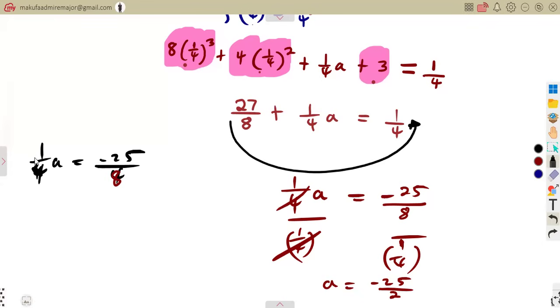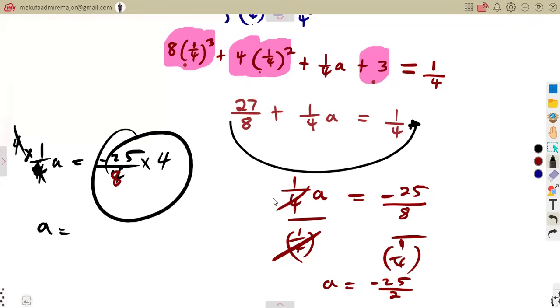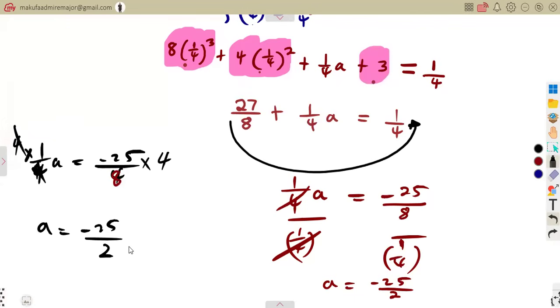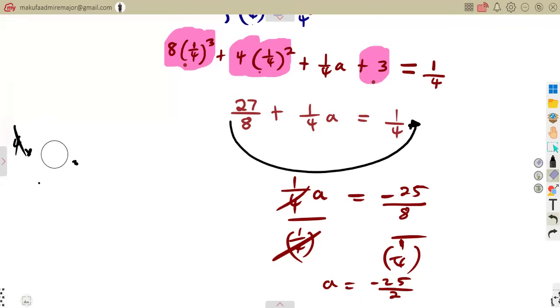So how do I get rid of this 4 in the denominator? I can just multiply by 4, multiply by 4. So a is equal to negative 25 over 2. So that is what we're supposed to have after simplifying this part.